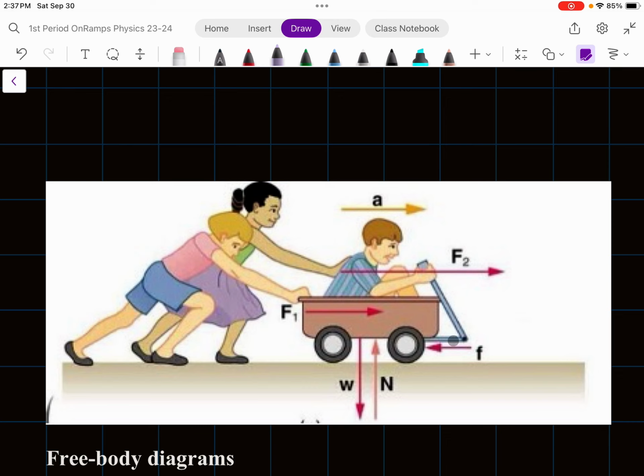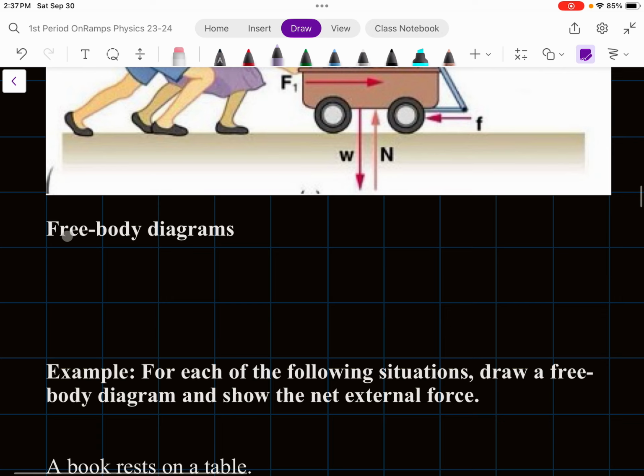Okay, so sometimes these types of diagrams can get very messy, right? This one has a lot of arrows and it's kind of hard to see. So for this unit, we'll draw many free body diagrams. Another name you'll find in textbooks is force diagrams. And the name is very explicit.